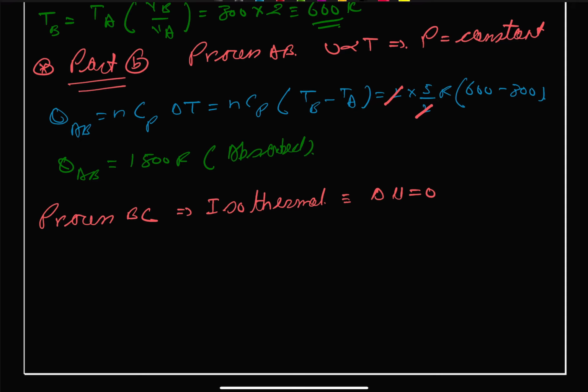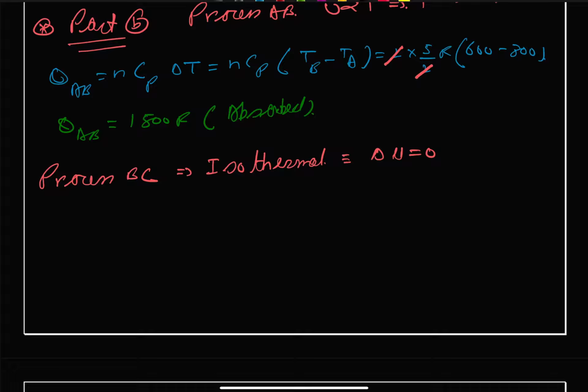Therefore, QBC will be equal to delta UBC plus work done for BC, and delta UBC is equal to 0.